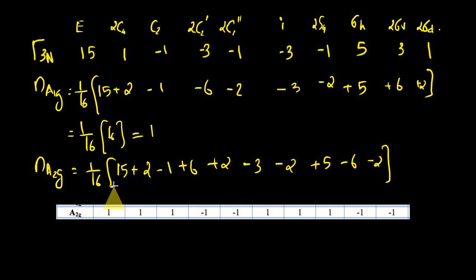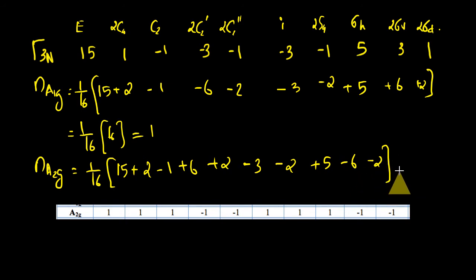So that is equal to 15 plus 2, 17, 17 minus 1 is 16, 16 plus 6 is 22, then 24, 24 minus 3 is 21, 21 minus 2 is 19, 19 plus 5 is 24, 24 minus 6 is 18, 18 minus 2 is 16.